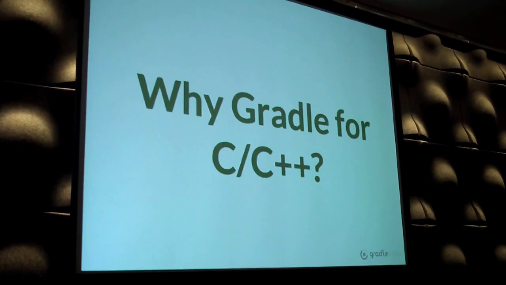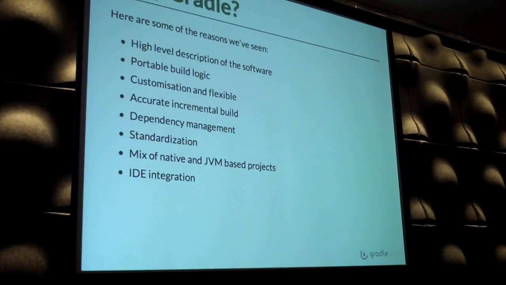Why Gradle for C++? So this is the stuff we've seen so far. You've got a high-level description of the software, so you can talk about your software at a level that is flexible, but still high enough that you don't have to tell us the whole world. Portable build logic, dealing with platforms, dealing with tool chains.